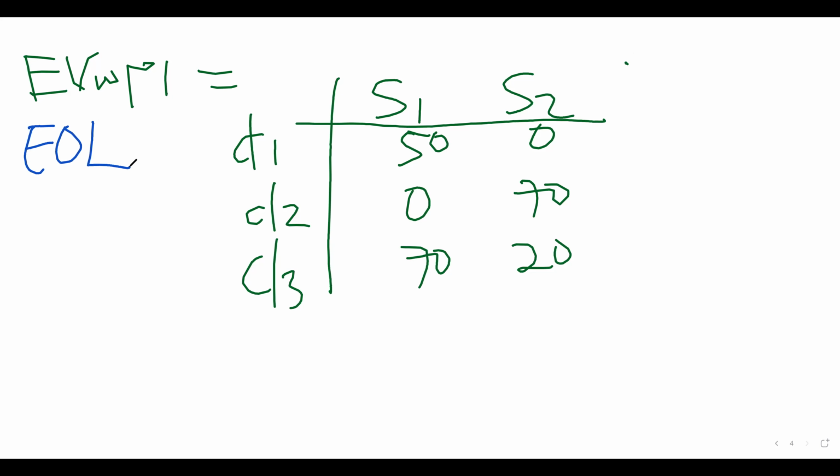Please note that this expected opportunity loss is always equal to the expected value of perfect information. Who can remind us what value that was? 28. Very good. Somebody is following. So this was 28.